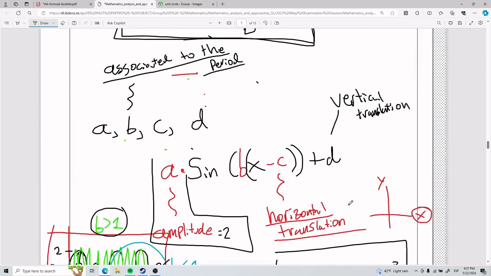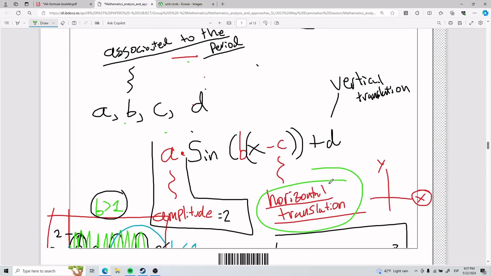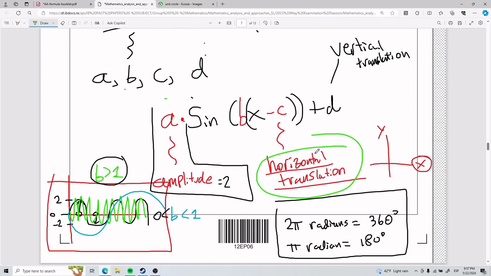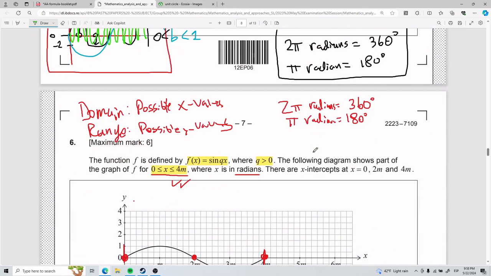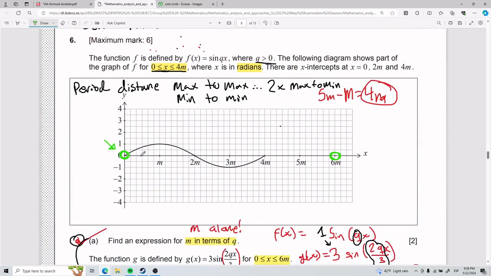If there had been a horizontal translation a little bit to the right, your first x-intercept at x equals 0 would have shifted, and your new graph would have had a different x-intercept. But because there wasn't any horizontal translation, you know for a fact you have an x-intercept here.